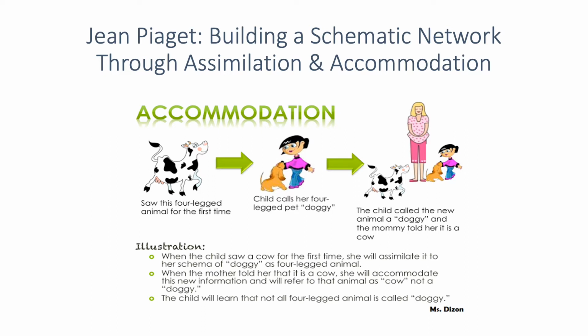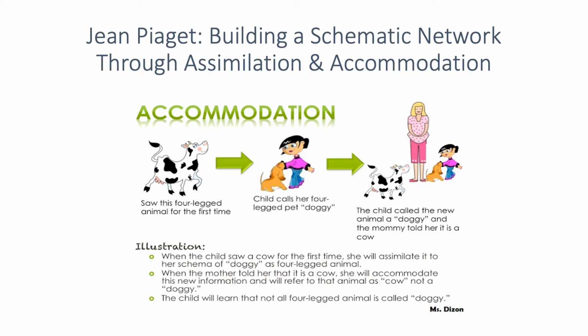We talked about this before. A child will have perhaps their only experience with animals be their pet, which in most cases is a dog. And the symbolic representation of dog is the sound of the word doggy.